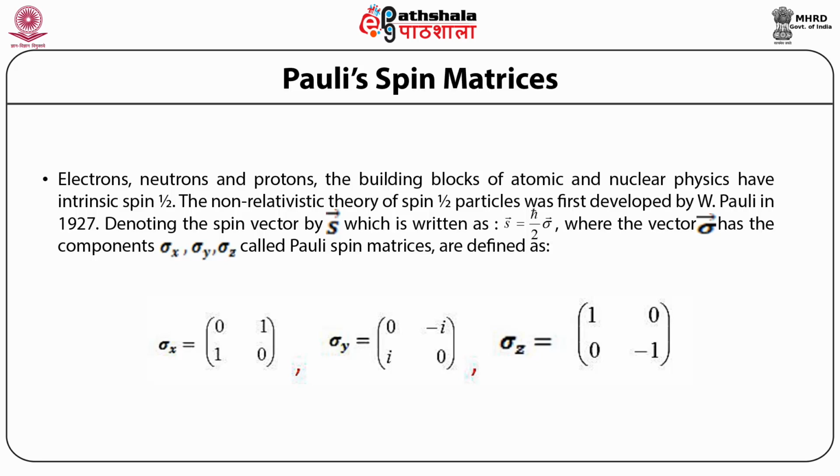So when we define these spin components of the spin vector sigma by sigma x, sigma y, sigma z, these components are called the Pauli's spin matrices.